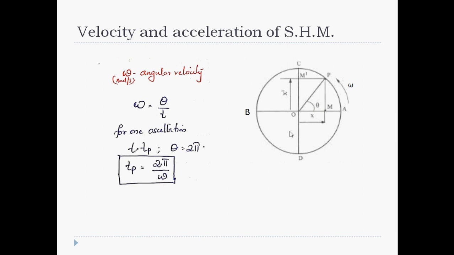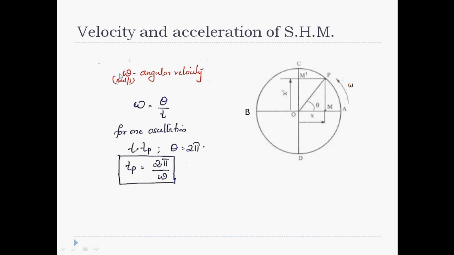Then it is inclined at an angle theta with the x-axis. Let M be the projection of the particle on the x-axis at time t, and M dash be the projection of the particle on the y-axis or vertical diameter at time t. Then x is the distance of M from the mean position O, and x dash is the distance of M dash from O.